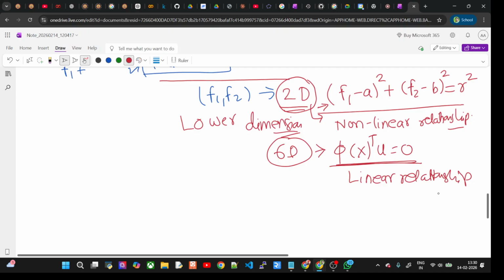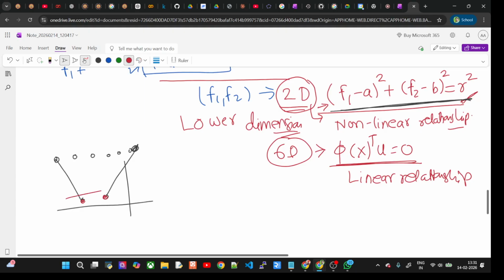In the lower dimension we have f1 and f2, which show the circular relationship, which I have just highlighted here. This is the circular relationship in 2 dimensions. This is non-linear. But I brought this to a higher dimension.